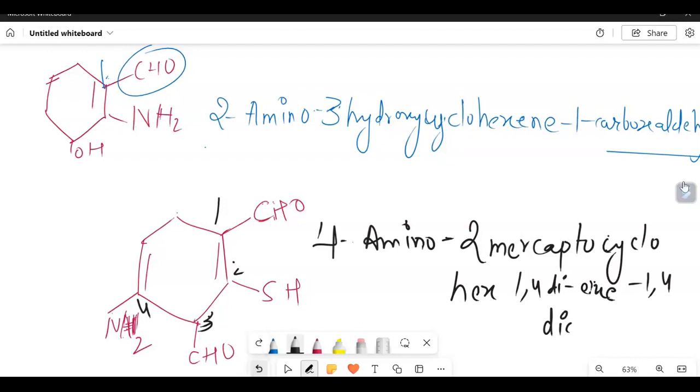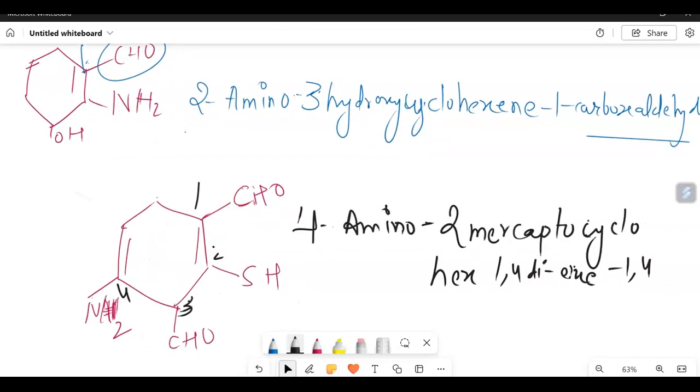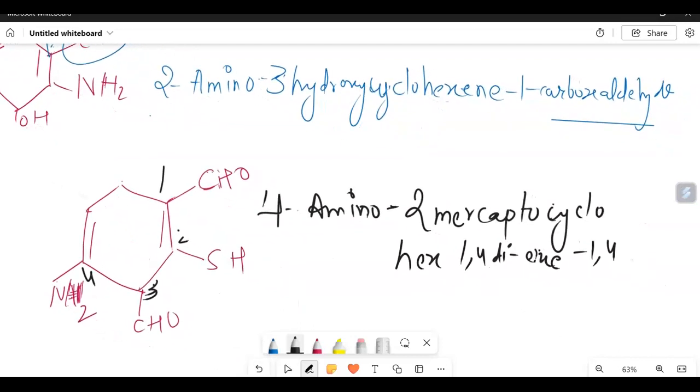So we can name it 1,3-dicarboxaldehyde. 1, 2, 3. Okay. Dicarboxaldehyde.